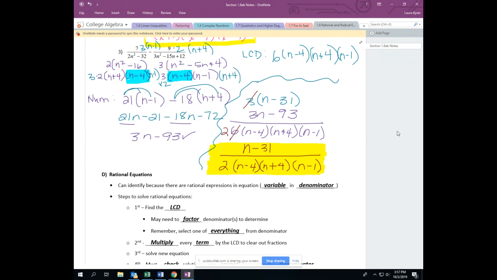So the next one will be kind of like the solving stuff, and this one was just the simplifying stuff. So I'll probably do that one tomorrow and get it posted tomorrow afternoon. But for now, this should get you through at least part of it because a lot of it is going to be this expression stuff. So check back again tomorrow and we'll get the rest of this stuff taken care of.